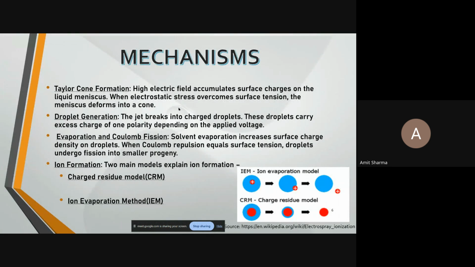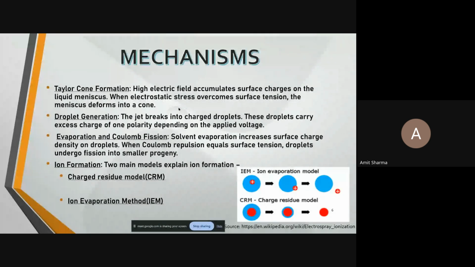Next we have evaporation and Coulomb fission. In this, the solvent is evaporated out of the droplets, and when the Coulomb repulsion inside the droplet equals the surface tension, the droplets undergo fission and are further divided into small ions and smaller progeny. The process of ion formation mainly has two models: the charged residue model and the ion evaporation model.